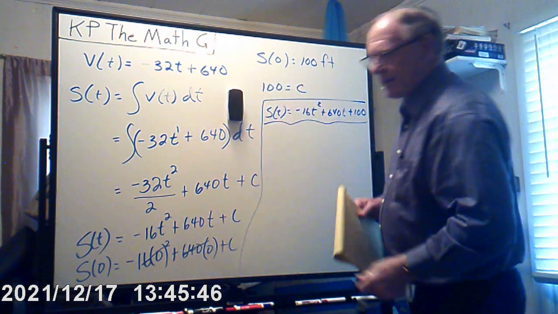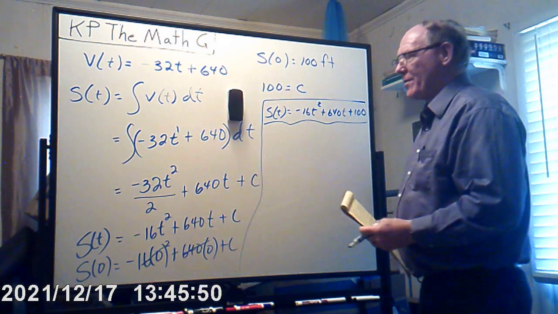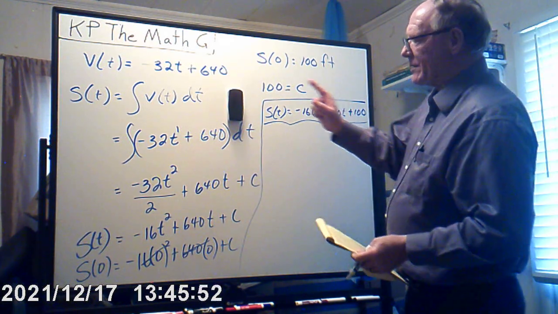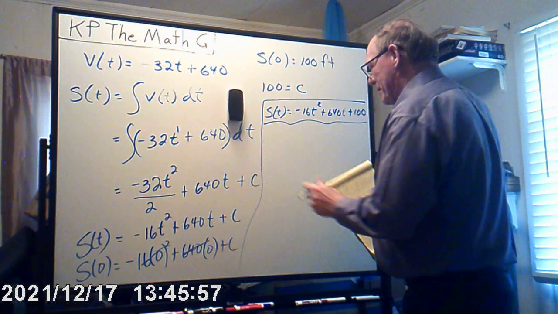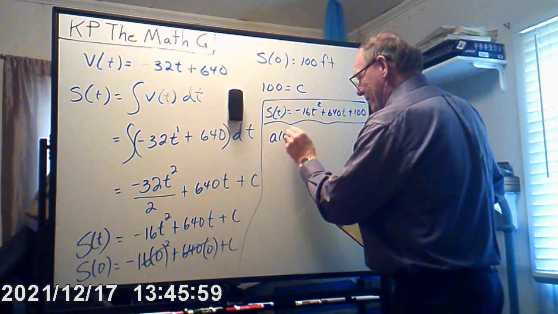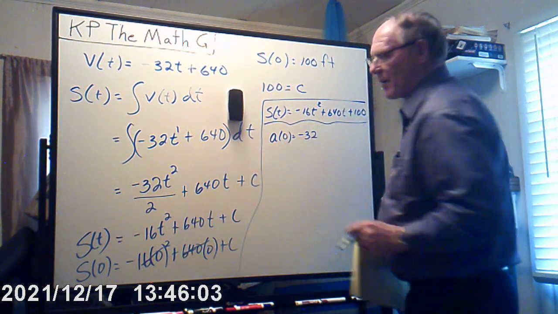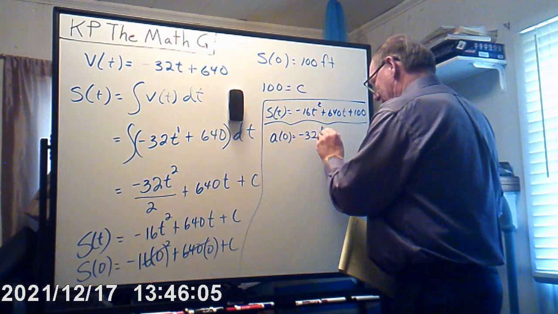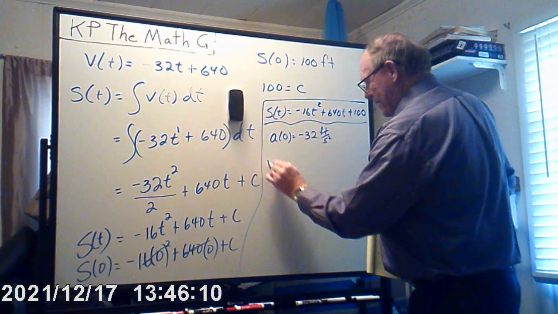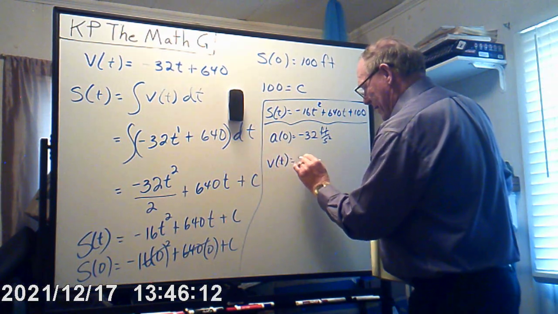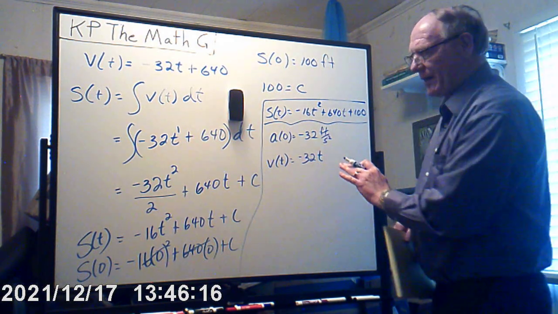We found that using calculus. The only thing you have to do is remember what the initial conditions are. We started off with a at 0 being negative 32, just a number, in feet per second squared. And then we got v at t to be negative 32t plus c, just reviewing.